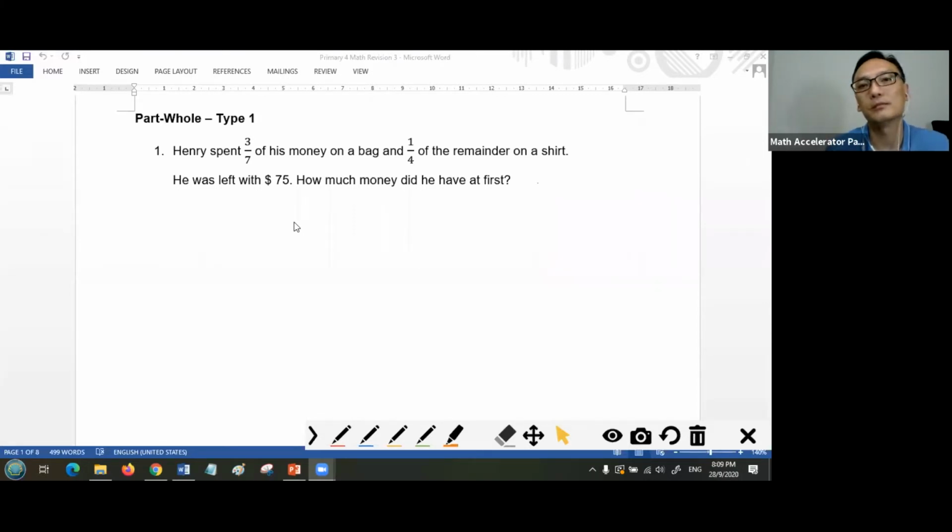How much money did he have at first? From this question, we can tell these are some of the key information that you should be taking note of. So I would like you to underline these keywords as well. Once you have underlined the keywords, type OK.